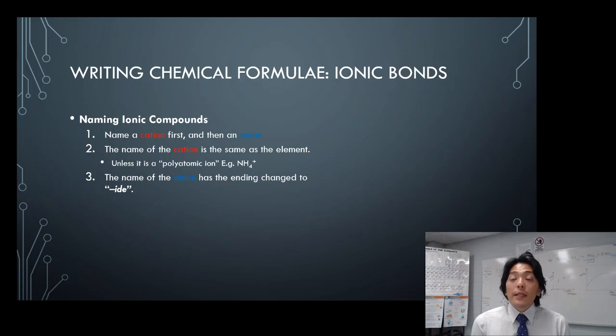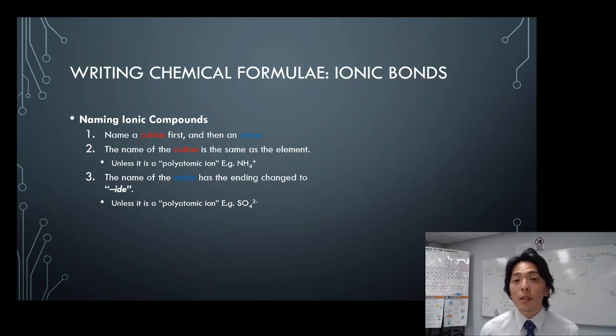If you're dealing with a non-metal element being an ion, you have to change the ending. The suffix needs to be changed to IDE. I suggest you look at the non-metal elements on the periodic table and practice calling them and changing the name to IDE, like oxide, chloride, fluoride, and so on.